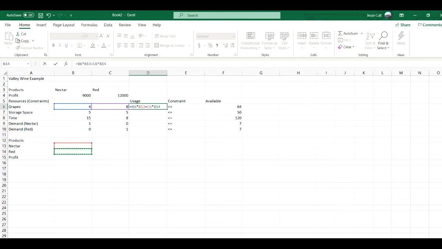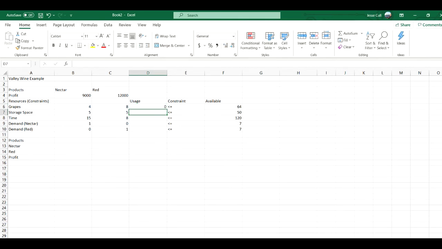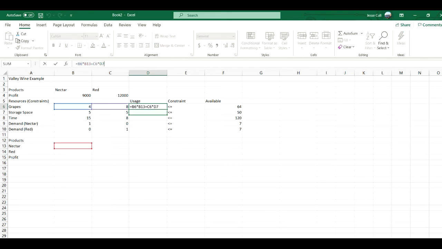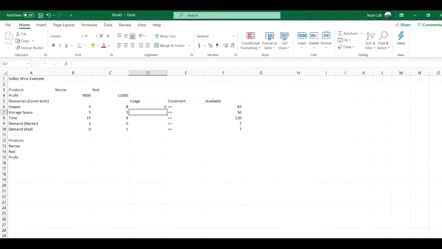And then we repeat that 5 more times. So it's the total of storage space per nectar times the nectar plus the total amount per red times the red we produce.